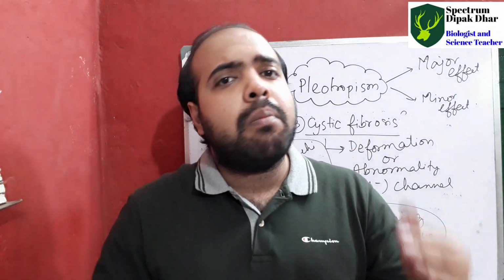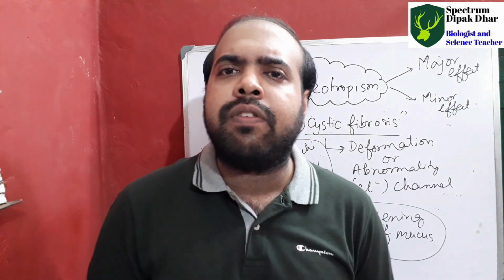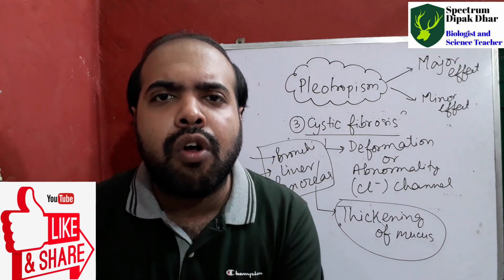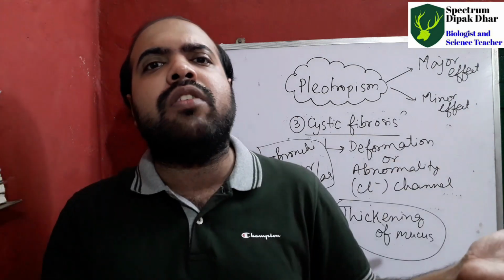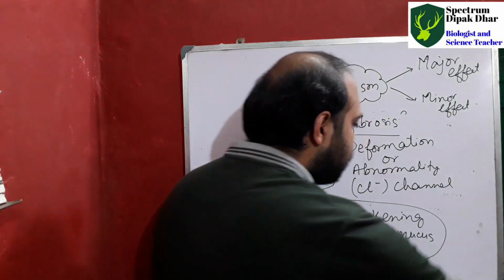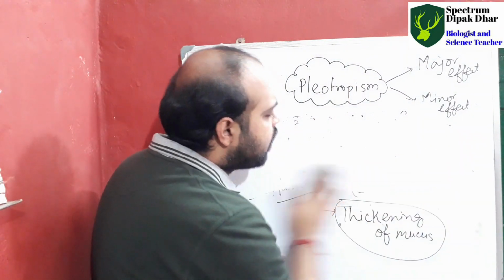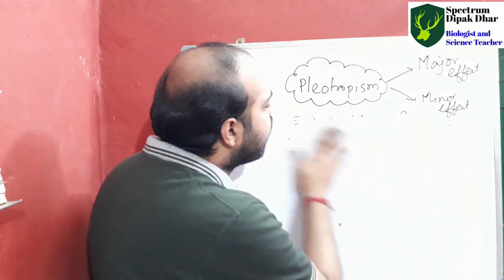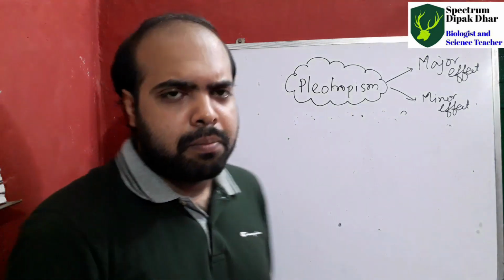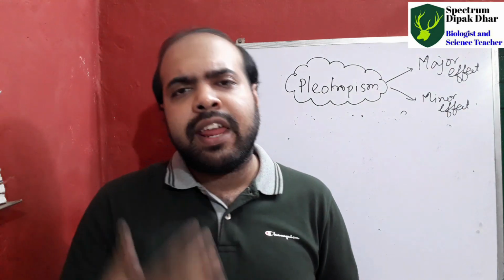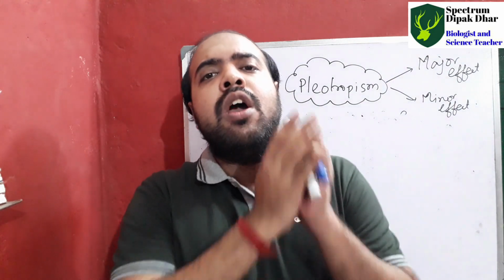Now in case of multiple gene, we will be seeing that a single character is controlled by more than one gene. Multiple gene is also known as polygenic inheritance. Polygenic inheritance means when the character is controlled by more than one gene.